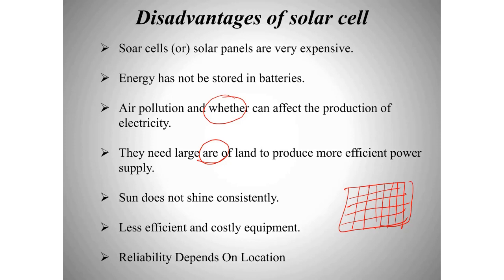The area should be more because you have to install in a bigger area, so that the amount of power made is large and useful in nature. The amount of power made is directly proportional to the area which is affordable to cover with cells. So basically you need a larger area for installation, right?